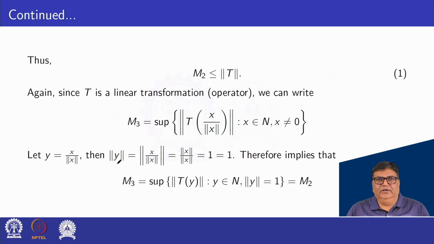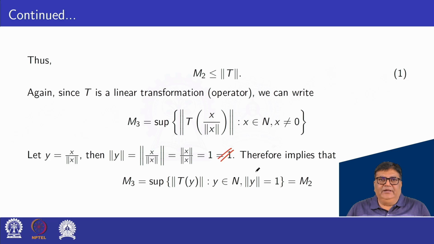Taking the modulus on both sides, norm of y is equal to norm of x upon norm x. Norm x is already a scalar, so we can write it outside the norm, and this is norm x upon norm x, which is equal to 1.